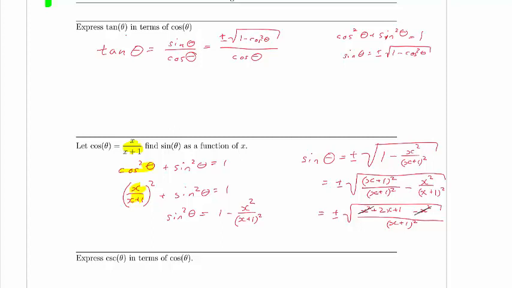This x squared cancels with this x squared. So we have 2x plus 1 on the top. We can apply the square root to the bottom to get rid of that square root. And so we're simply left with positive or negative square root of 2x plus 1 all divided by x plus 1. And that would be our final answer.